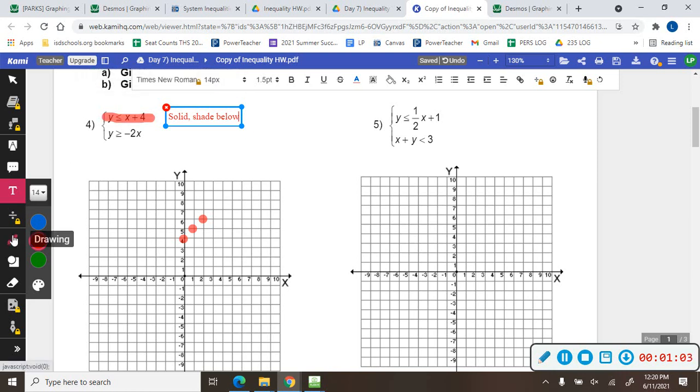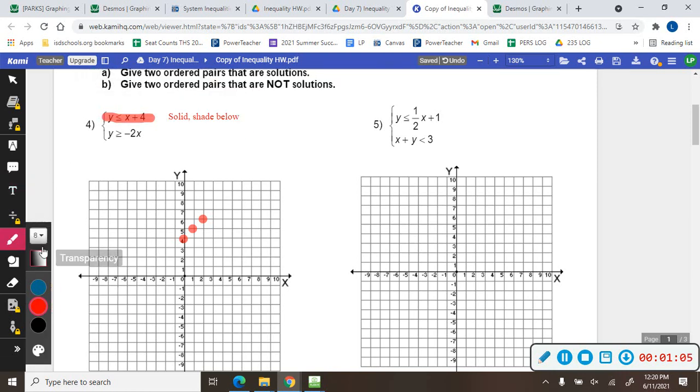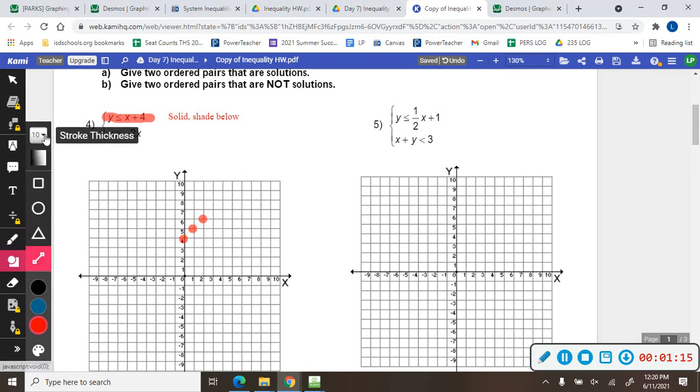So I'm going to make a solid line right here. I'll use the line feature. That's better. So it's going to go from here up, and also this way.